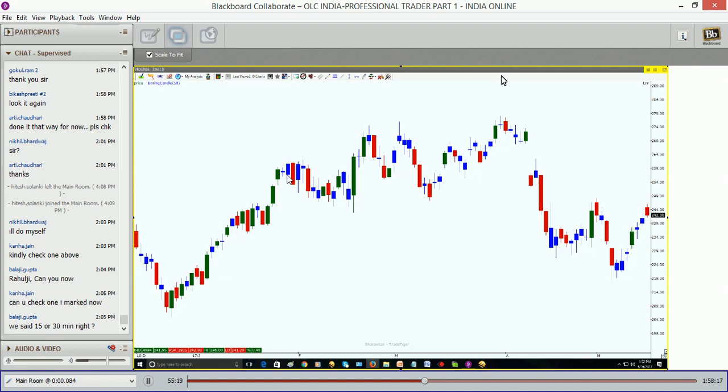No, Balaji, we do it on the 15-minute only if there is no good zone, but if you find a good zone on the 30, you can look at the 30. But 15 is your primary zoning time frame.